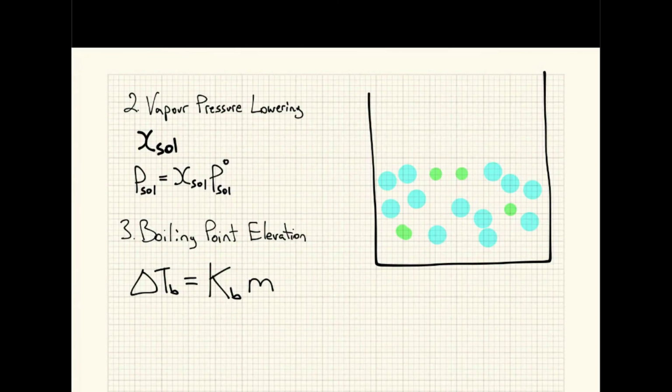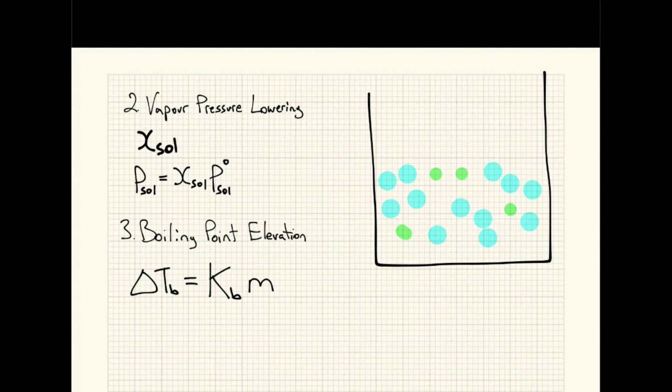Ideal solutions are the kinds of things I was describing with my cartoon-like image over here, where none of these solute particles interact with the solvent particles to any greater or lesser extent than the solvent particles interact with themselves. In other words, these green particles are literally just other things in the way that behave exactly like all of the other particles in the system.